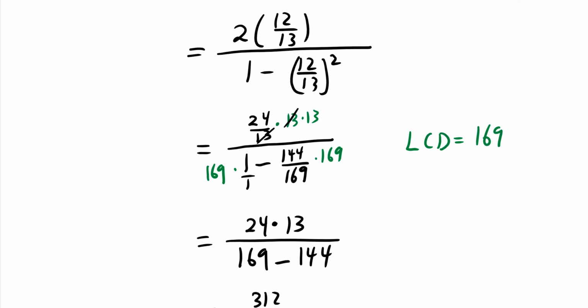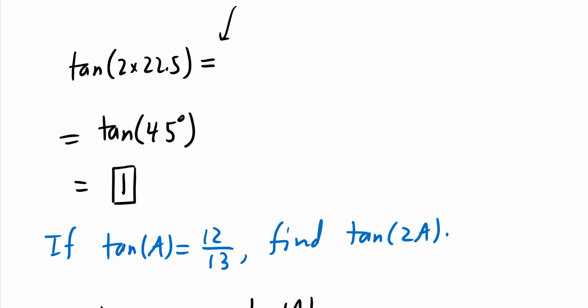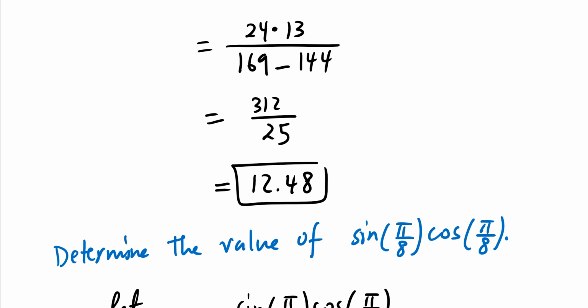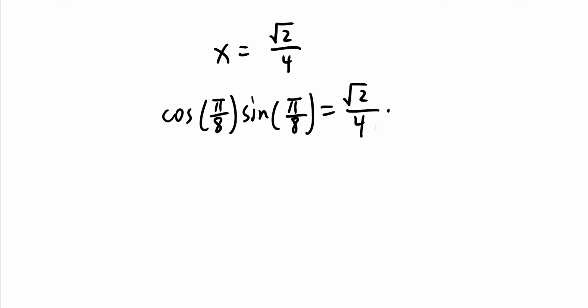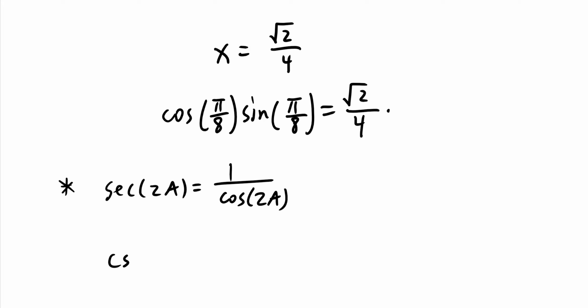So notice the first thing is we focus on the sine, cosine, and tangent double angle forms. Just in case you'd like to know how to find the other ones, the other trig functions are basically reciprocals. Secant 2a is 1 over cosine 2a. Cosecant 2a is 1 over sine 2a.